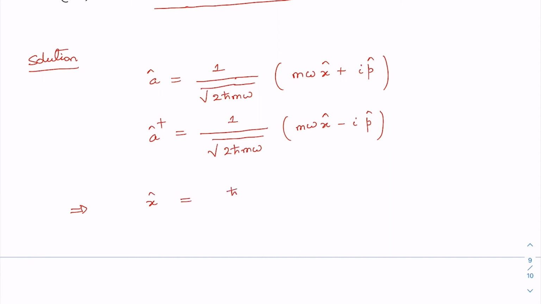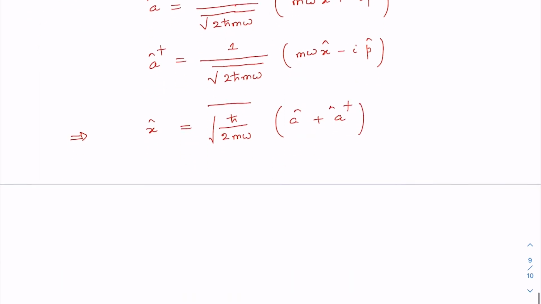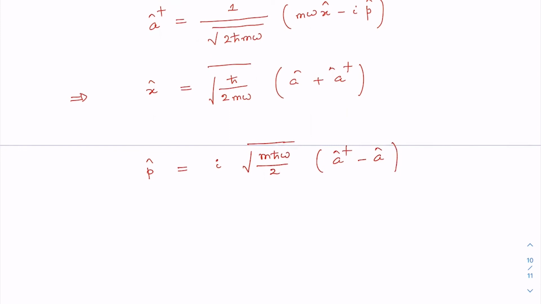X cap would be, we actually know it, square root of h cross by twice m omega, that is the zero-point fluctuation, then A plus A dagger, and P would be equal to i square root of m h cross omega by 2 times A dagger minus A.